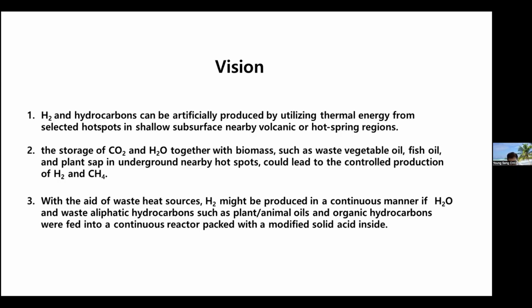The storage of carbon dioxide and water, together with biomass in underground nearby hotspots, could lead to the controlled production of hydrogen and methane. Hydrogen might be produced in a continuous manner if water and waste oil and organic hydrocarbons were fed into the continuous reactor, which is packed with a more powerfully modified solid acid.